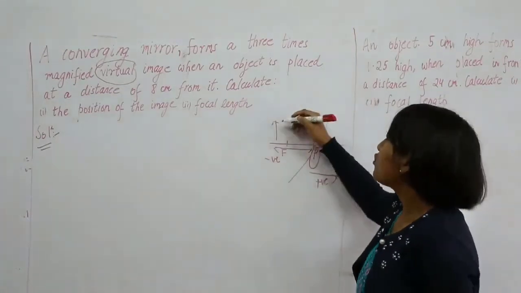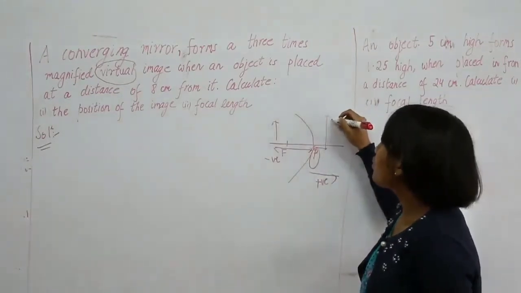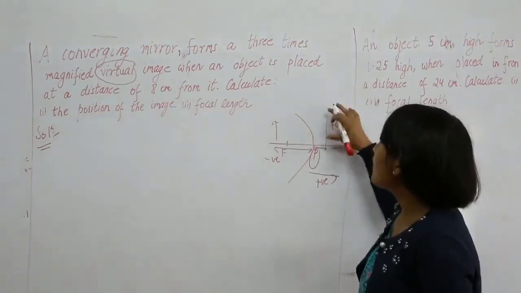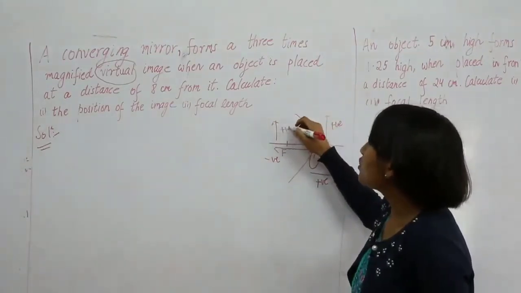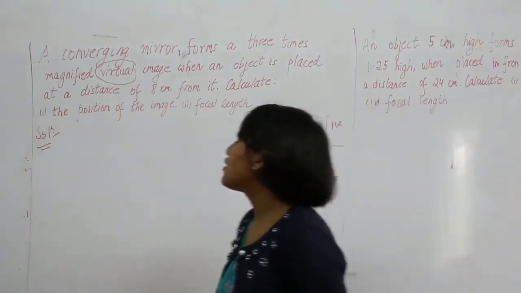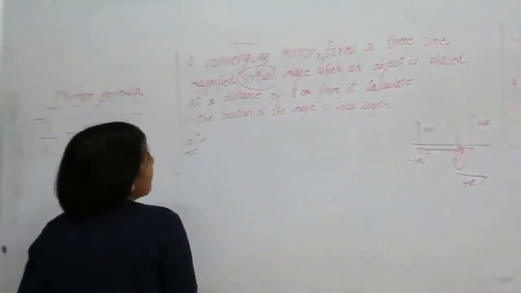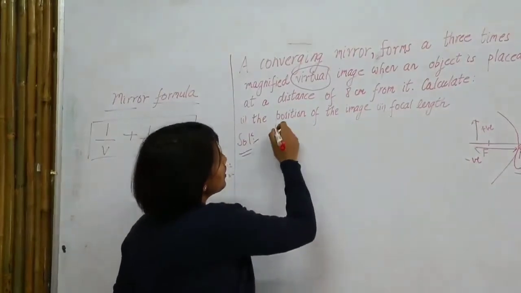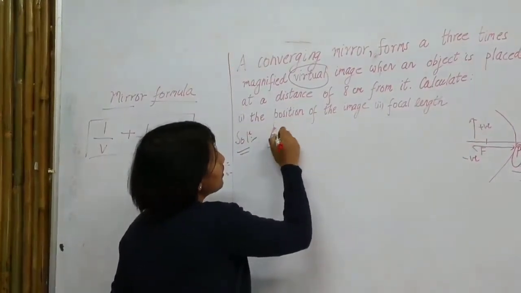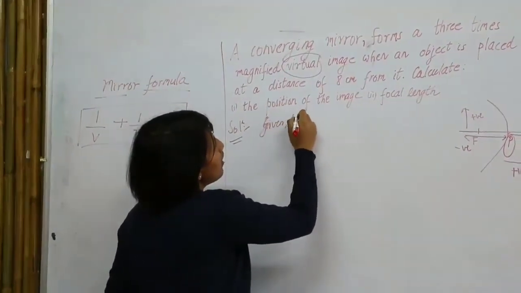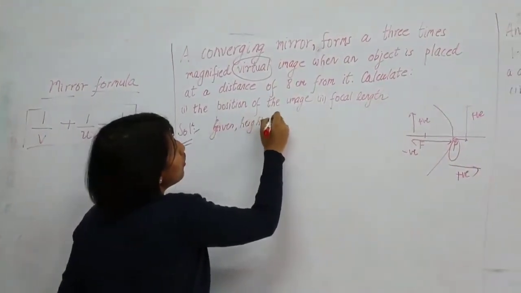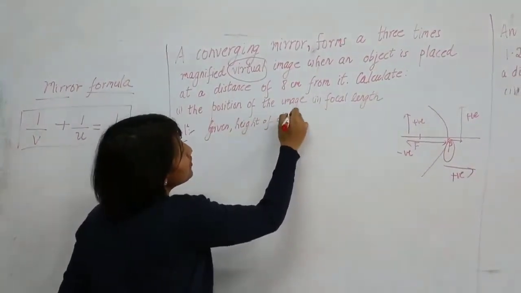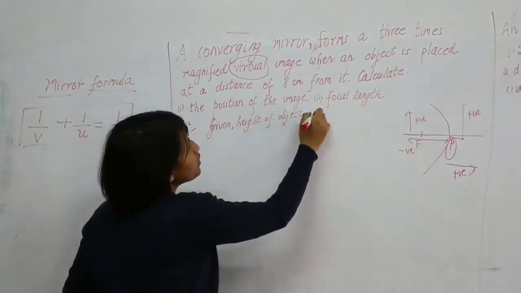You know that virtual is always erect, so here also it will be positive, and the height of the object is also positive, being erect. Now, from the question, you first write what is given to you.